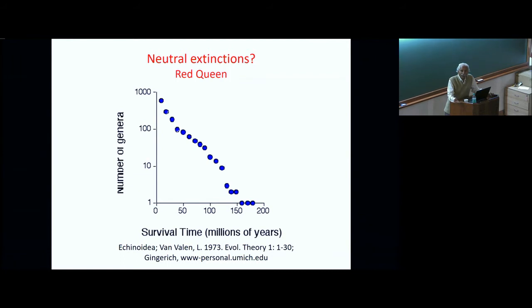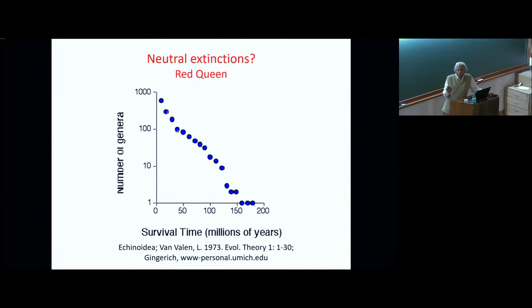In other words, exactly like the kind of curve you would get in a picture of radioactive decay, which seemed to suggest that you could purely mathematically explain these patterns by saying that there was a constant probability per unit time, per unit species, if you wish, that the species would go extinct.